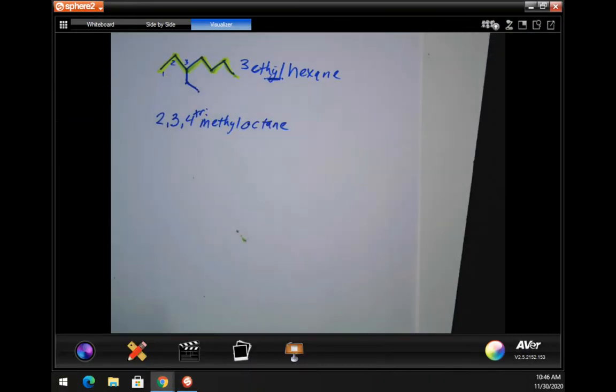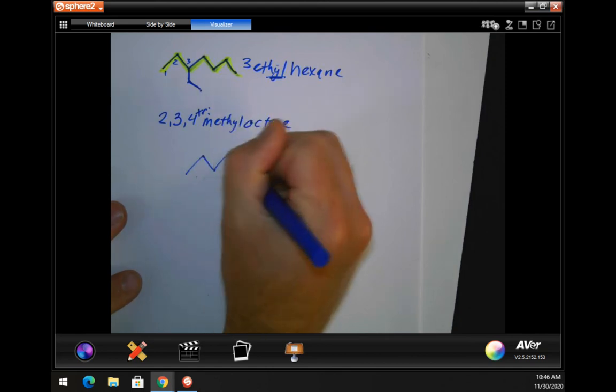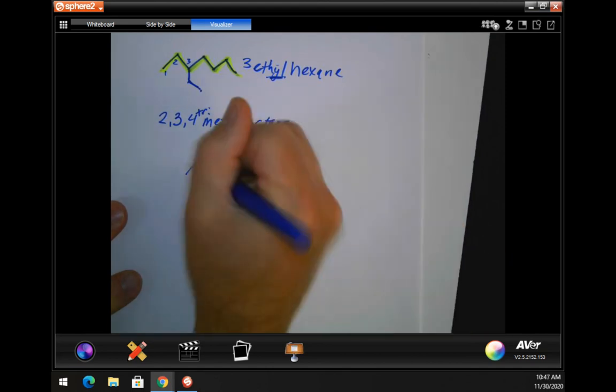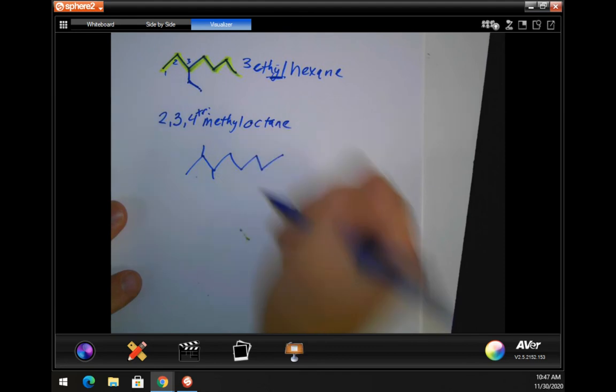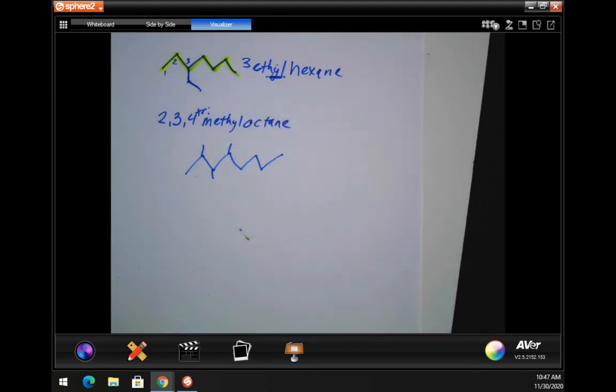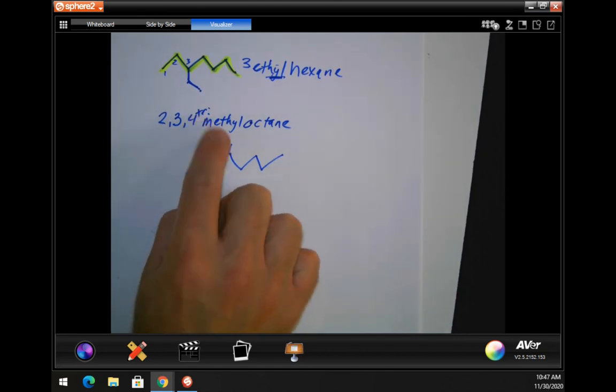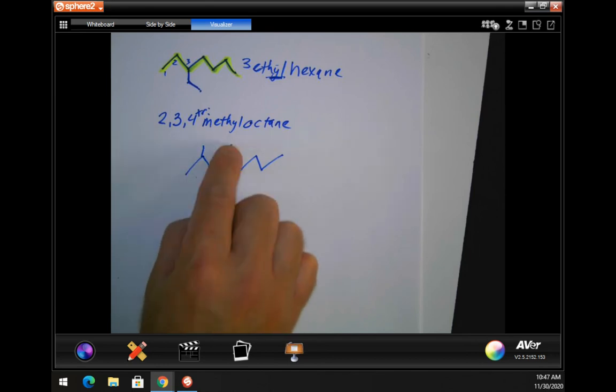Like that. And just go 1, 2, 3, 4, 5, 6, 7, 8. And then number them 1, 3, and 4. I think that's good enough for today. Yes, it'd be a tri because there's 3 methyls. That's a methyl, that's a methyl, and that's a methyl.